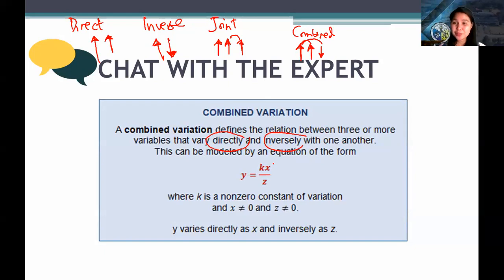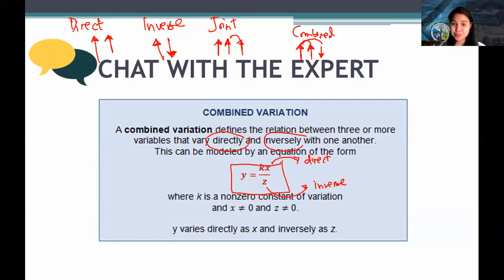Now, what is the general form of our combined variation? That is y equals kx over z. Remember that x is our direct variation, while z is our inverse variation.